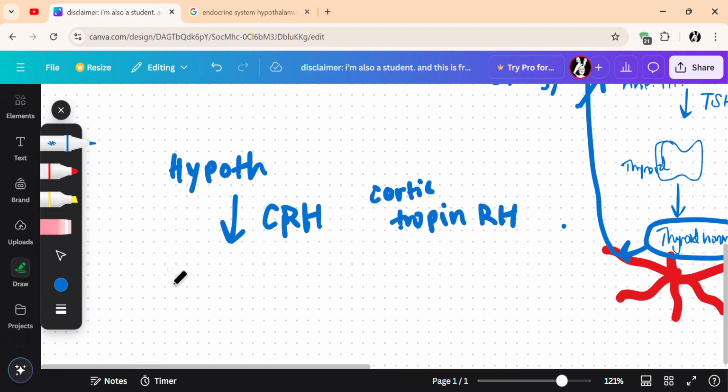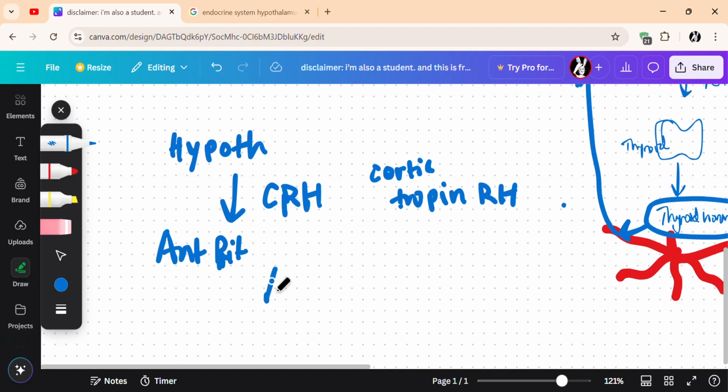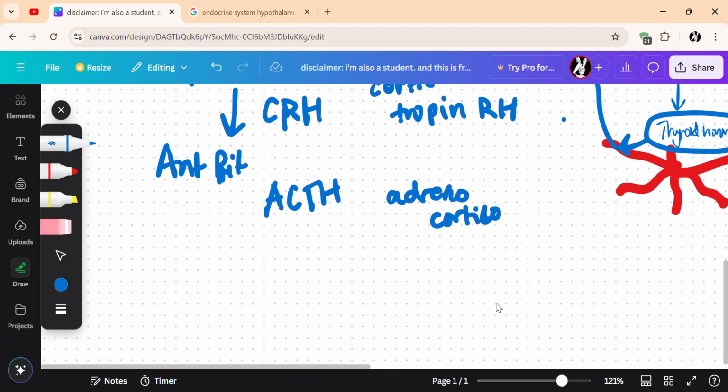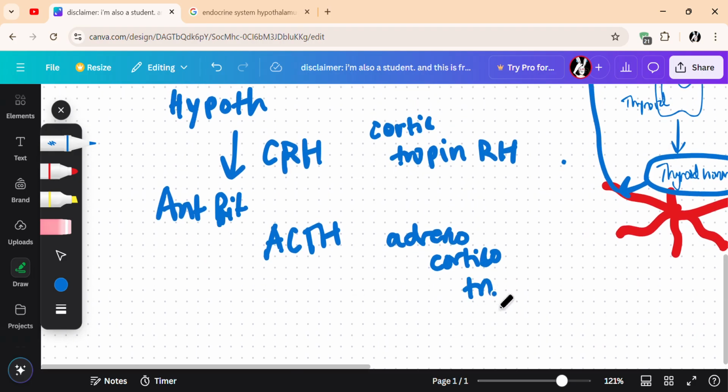This will then activate our anterior pituitary, that's a P, my bad, to release ACTH, which is adrenocorticotropic hormone.